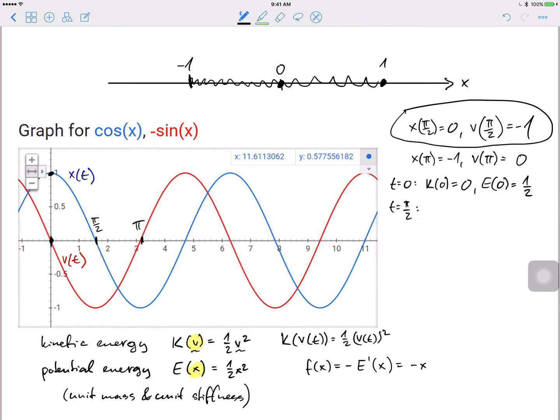Kinetic energy at pi half is exactly 1/2. That's right, Jessica. And what is the potential energy at time pi half? 0, exactly. And if we go even further to time pi, the kinetic at time pi is again 0, and the potential at time pi is 1/2.